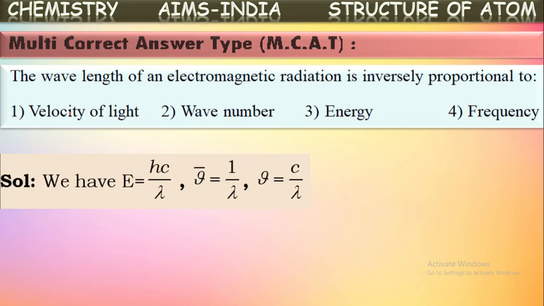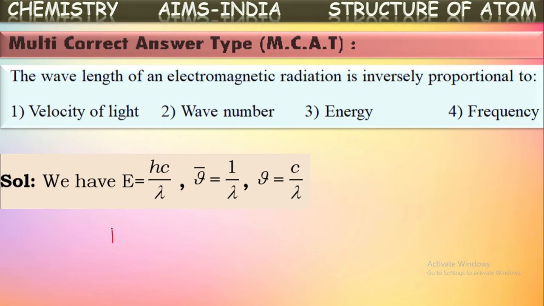See the solutions for this relation of the wavelength to the other characteristics of the electromagnetic radiation. If you observe, first the relation with energy, we have the equation E is equal to hc by lambda. From this, what can we write as the relation between energy and wavelength?